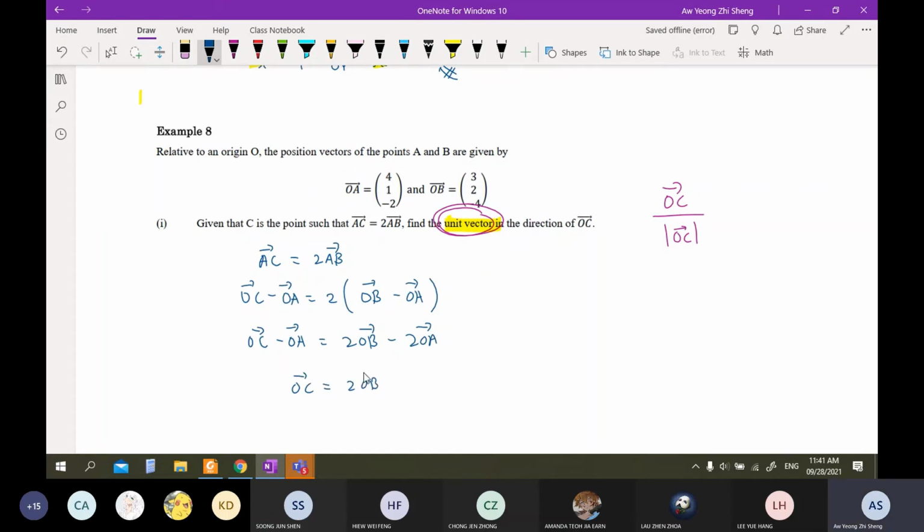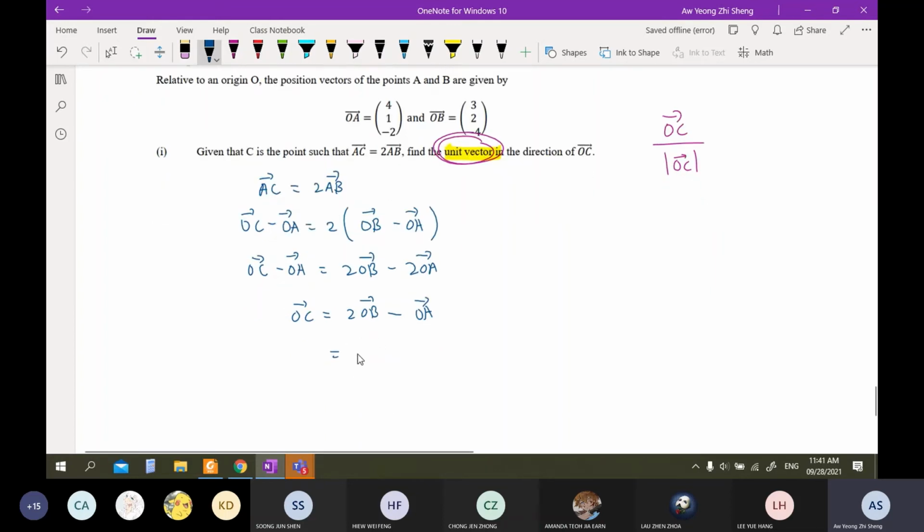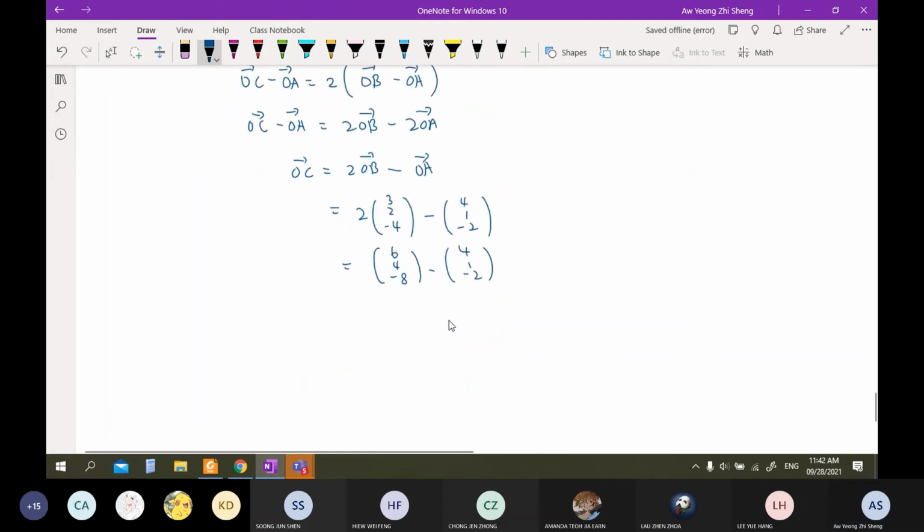OC is equal to 2OB minus OA. And then now we sub in the values. Two, 3, and minus 6.